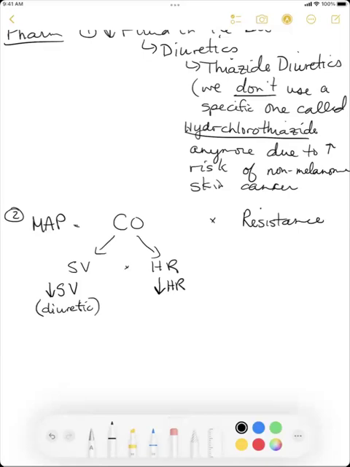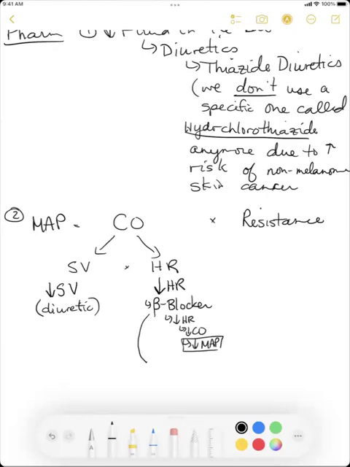And the specific receptor that we block is something called a beta receptor. So the medication that we use is something called a beta blocker. This is going to reduce heart rate, means that you reduce cardiac output, means that you reduce mean arterial pressure. And that's what we want.